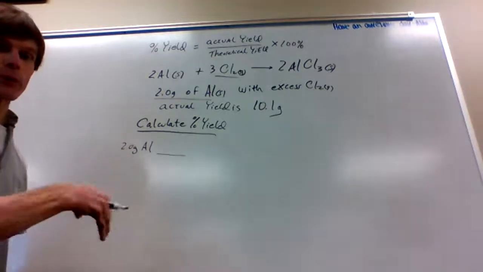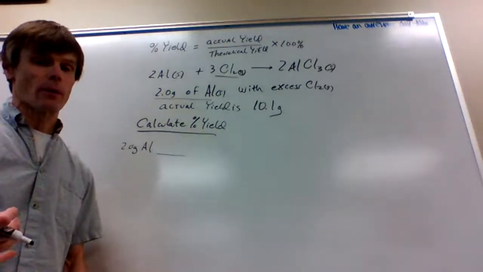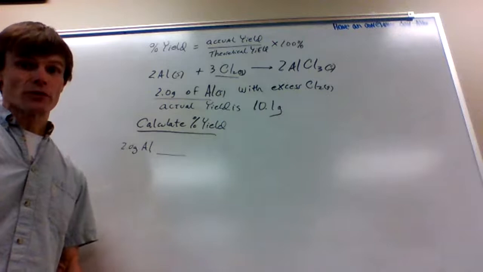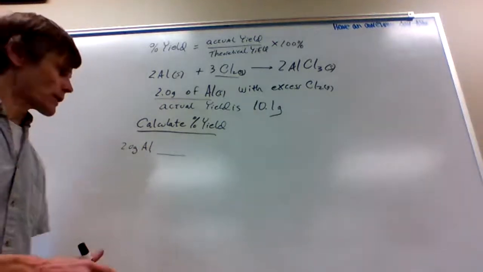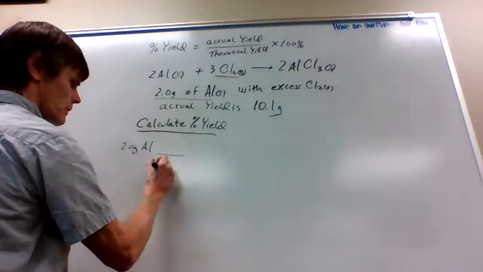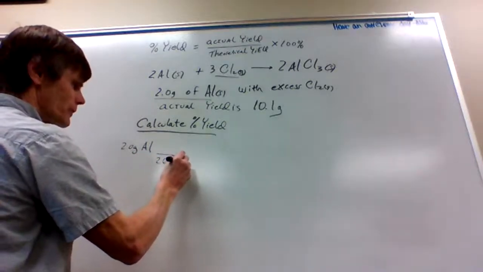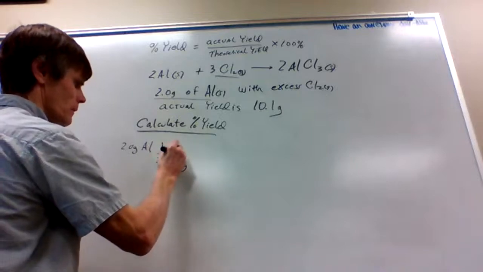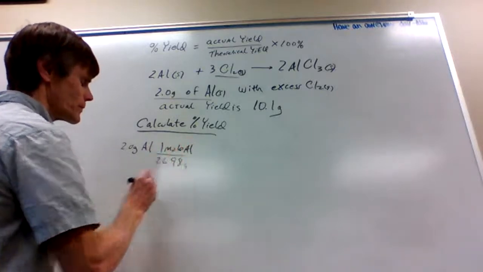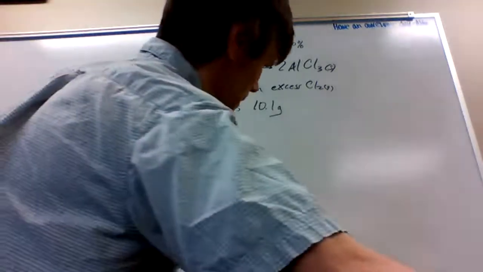Stoichiometry, first step that we're going to do, everyone should be shouting out, let's determine the number of moles of aluminum. And I would be like, exactly, that's what we're going to do. The molar mass of aluminum from our periodic table could easily be found. It's 26.98 grams.